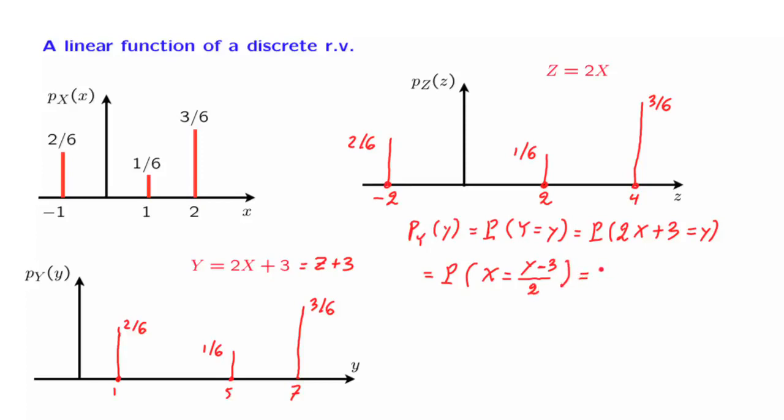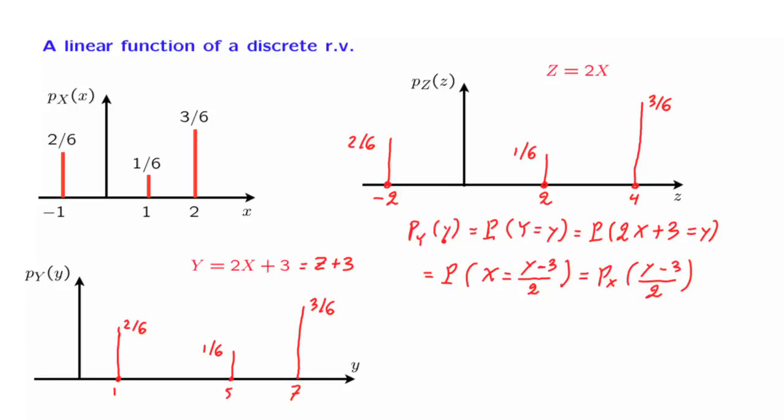And in PMF notation, we can write it in this form. So, what this is saying is that the probability that y takes on a specific value is the same as the probability that x takes on some other specific value. And that value here is that value of x that would give rise to this particular value little y.